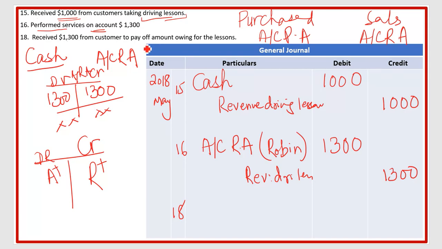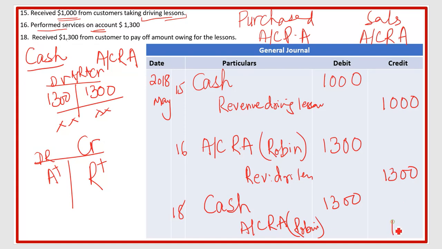So here Robin is going to pay us, it means we will receive cash. Our cash will be 1300, and then this receivable will be credited. And it is necessary that you write down from whom you are receiving, because in our business there are hundreds or thousands of accounts receivable from different customers. So here I will write down 1300.